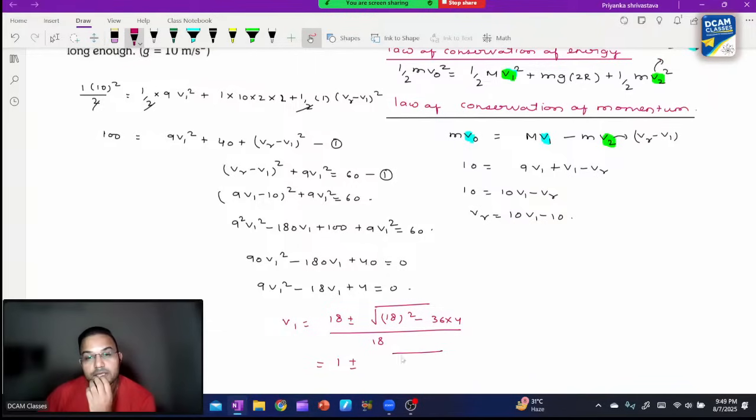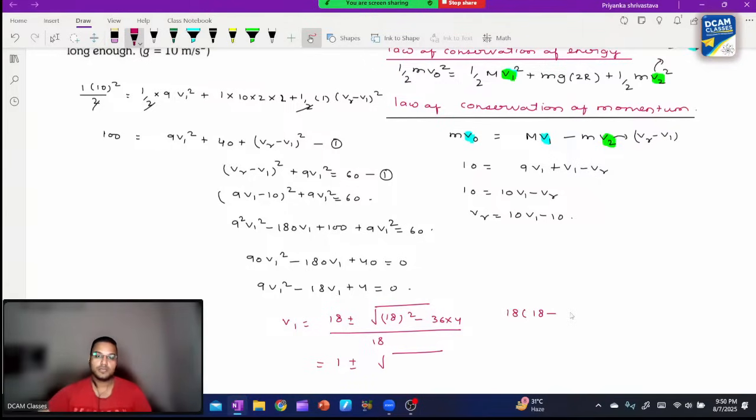1 plus or minus, 18 square, 18 into 18 minus 180, root 5.